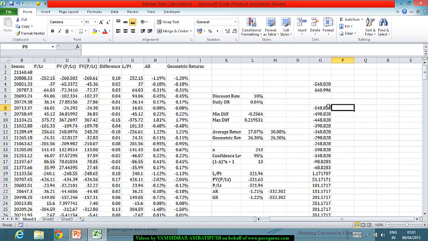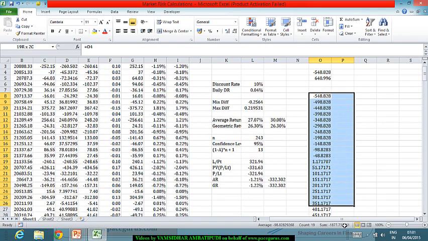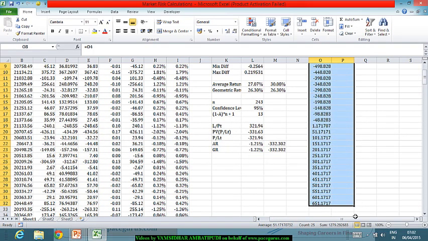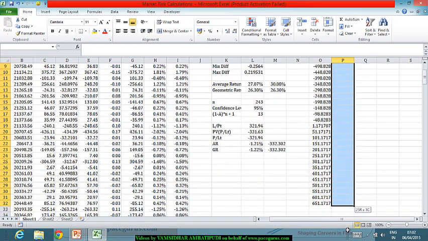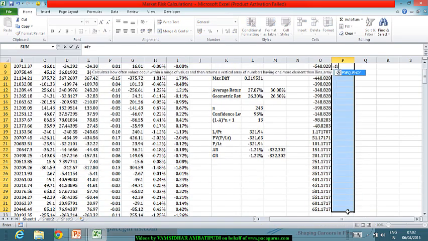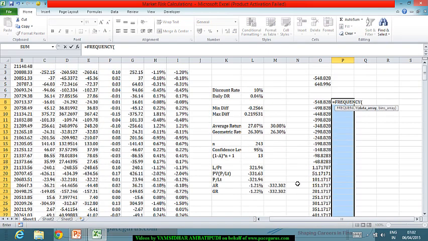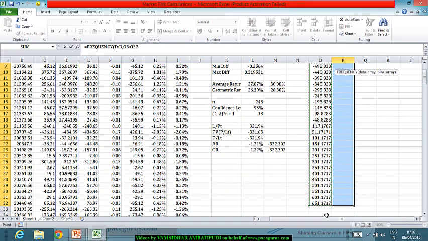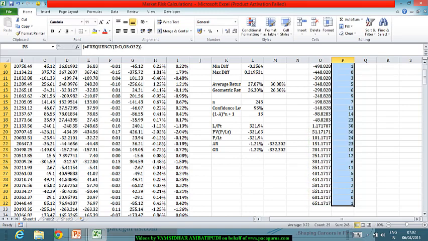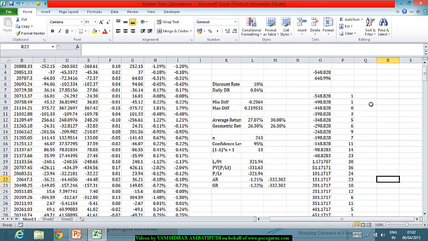Then I can very well find out the frequencies associated with each of the classes. So I'm selecting all these using the frequency formula, where my data is the present values and the bins are these particular bins. So I'm trying to find out the frequencies in each.